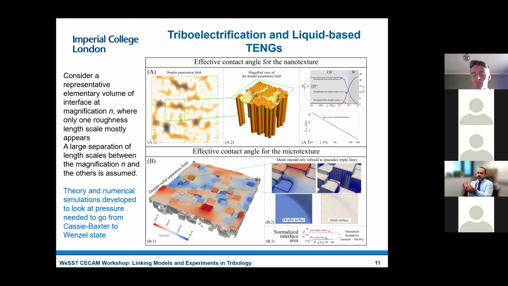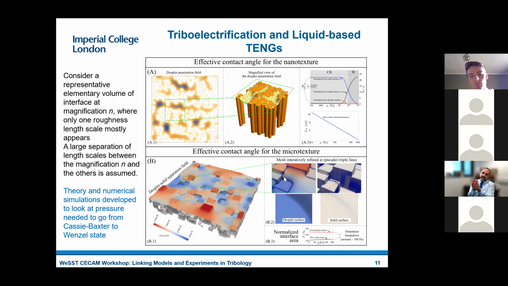If you look at the same scenario as here, the situation is very different. Even if you reach 150 to 200 pascal, you start seeing these fronts being broken. So you start seeing a transition to a Wenzel state, whereby the water penetrates into the microfeatures.